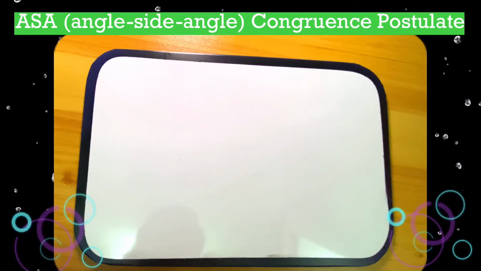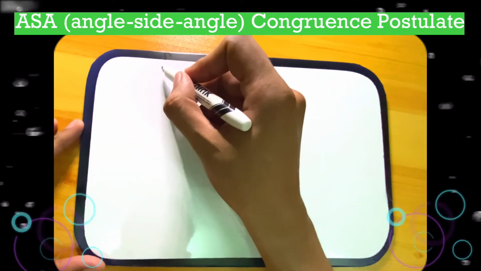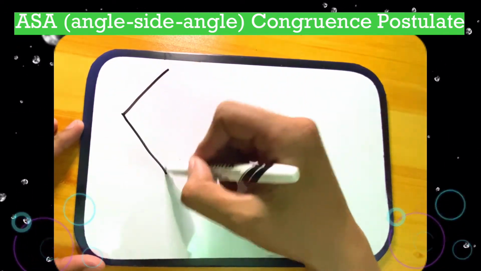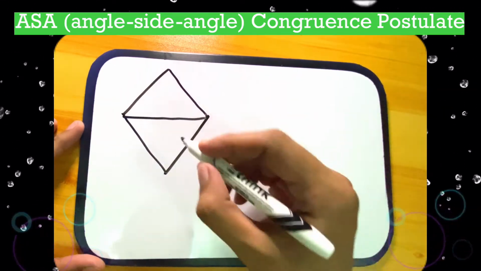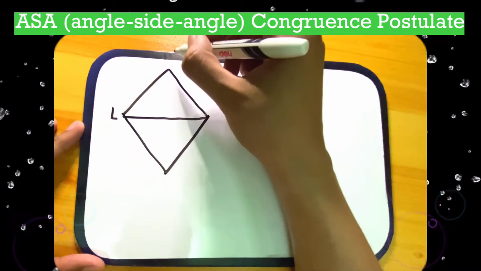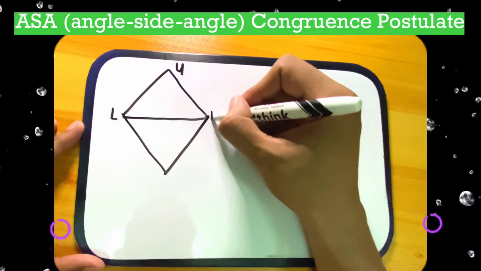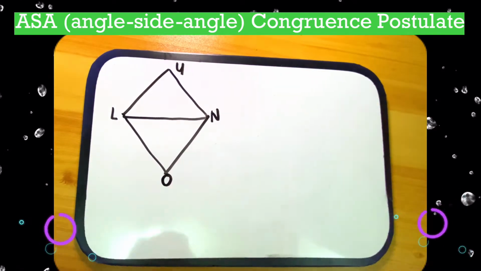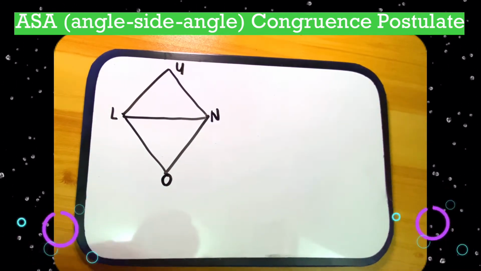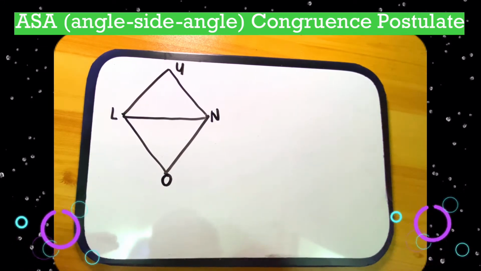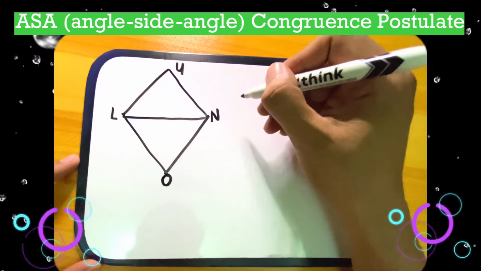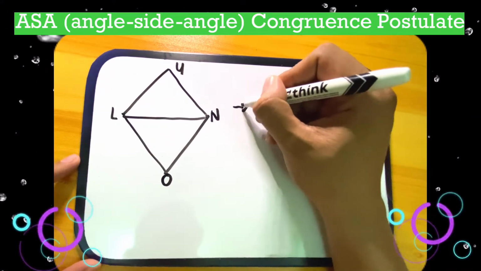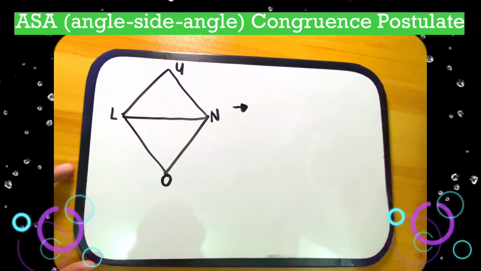If I draw here two triangles, for example, we have two triangles that were combined. L, U, and then O. Before naming the congruent pairs, congruent sides and congruent angles, we will separate this one so that we have a clear illustration.